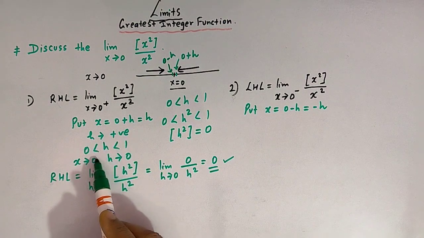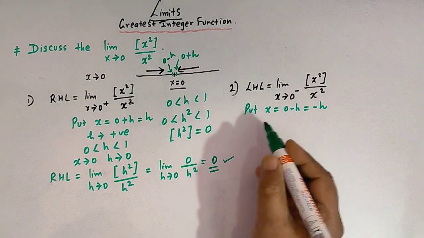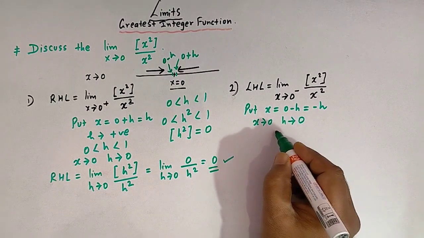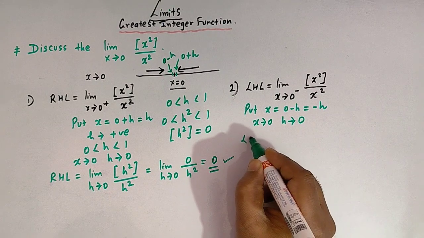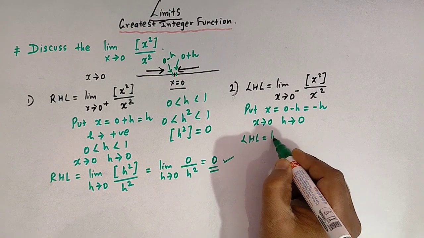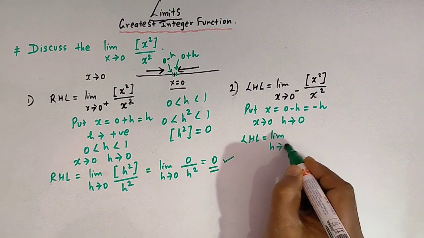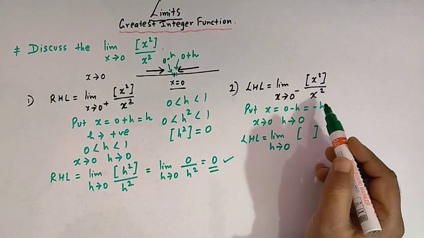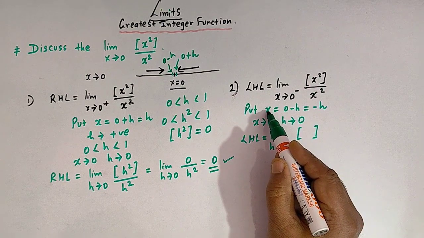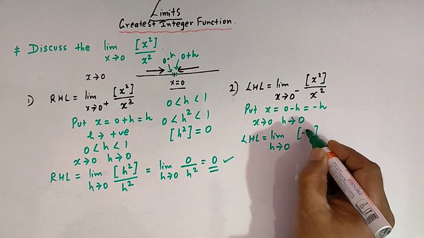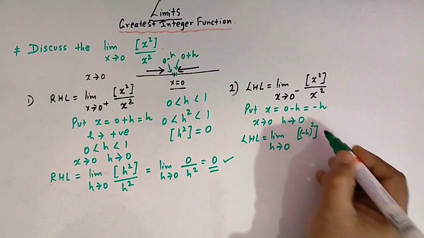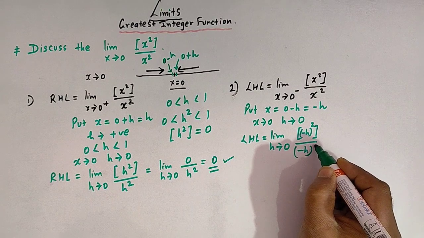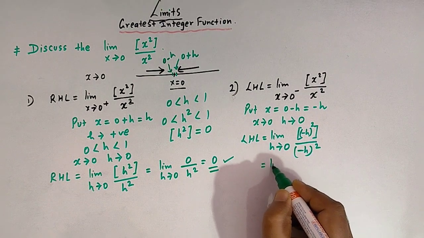These conditions remain the same, and when x tends to 0, then h tends to 0. Now the left hand limit is equal to limit h tends to 0 of greatest integer of x square, and when we take x is equal to minus h, here we have minus h square, and in the denominator we have minus h square, right? So we can simplify it.